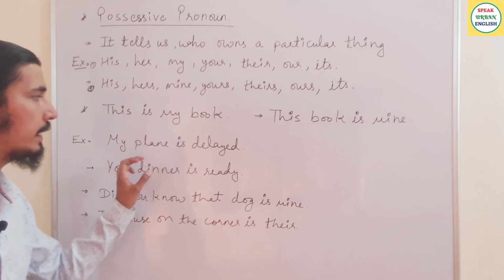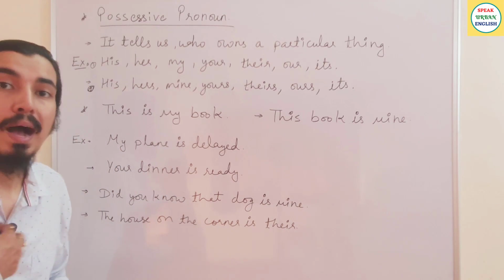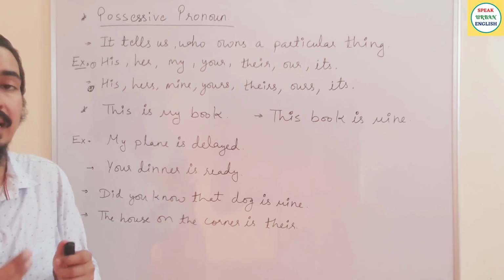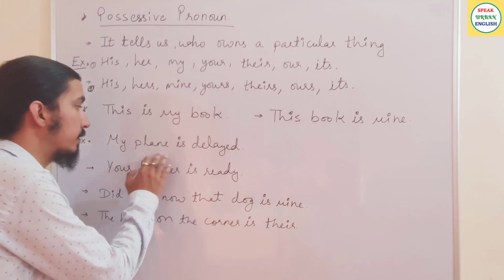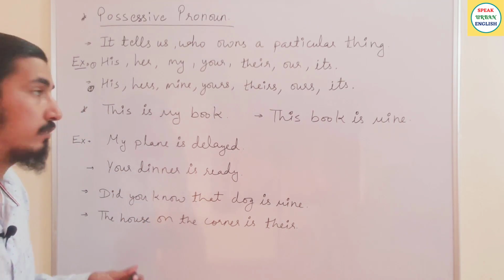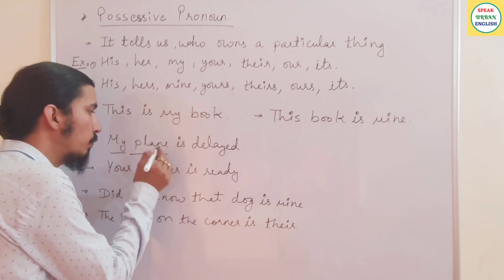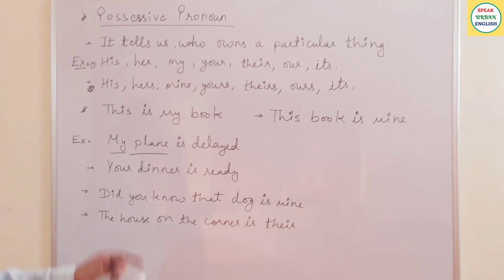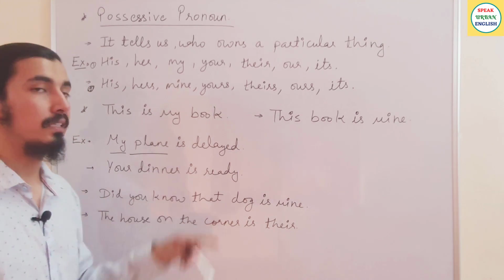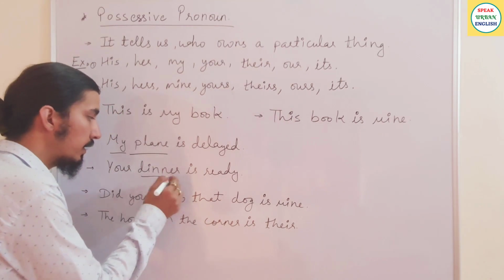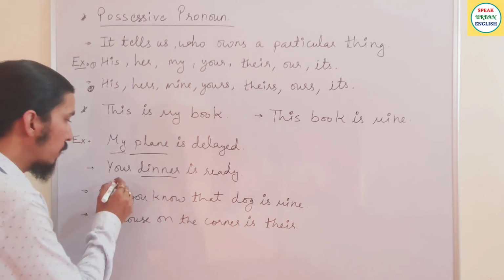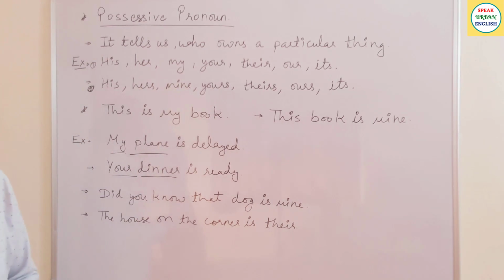So some more examples of possessive pronouns of category 1 and category 2, guys, I have written. My plane is delayed. The thing on which the possession is being talked about is plane, and my is adjacent to plane, so we used category 1, my. Your dinner is ready. Dinner is the thing we are talking about, and your is category 1.